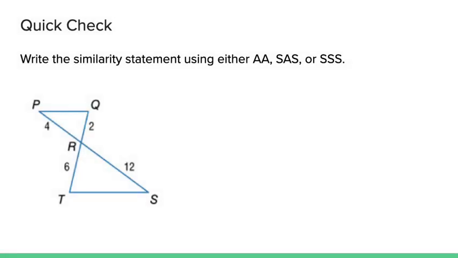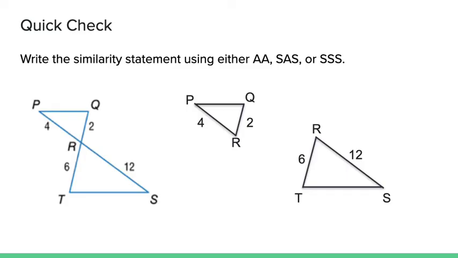And here we have a small triangle above a larger triangle, and we have to figure out, are they similar? Well, once again, I like to consider these triangles separately. And I realize that angle R in each triangle is going to be congruent because in the original diagram, they were vertical angles.